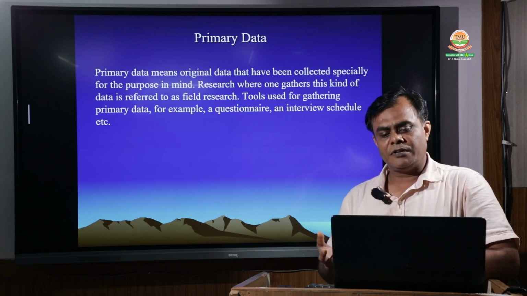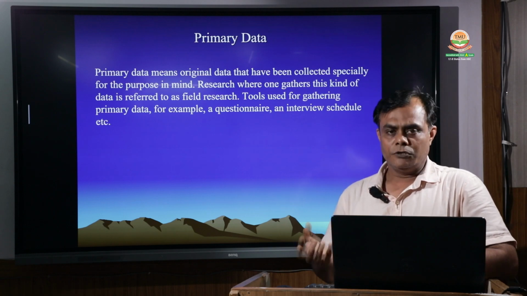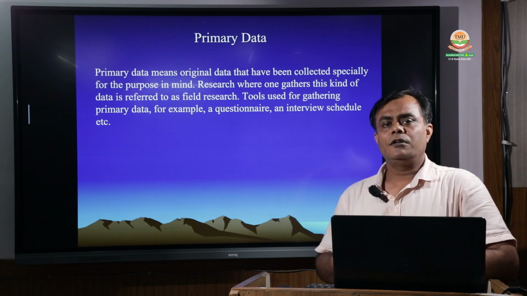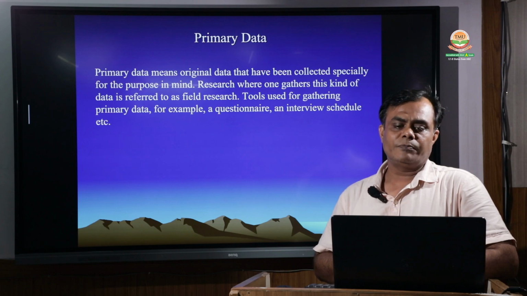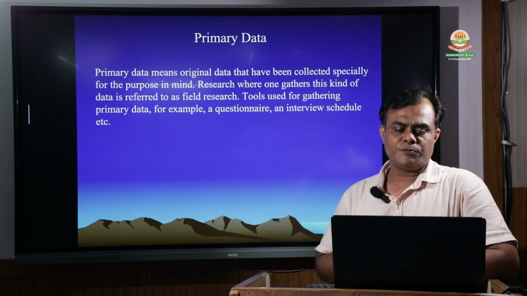Sometimes they are observing, so observation tools. They use different tools to gather the data. That type of data is known as primary data, because that data is collected primarily for that research purpose.